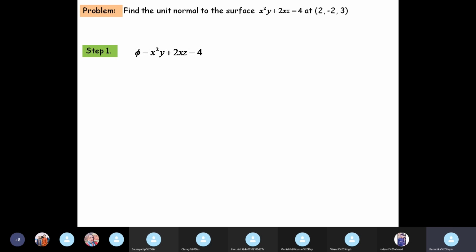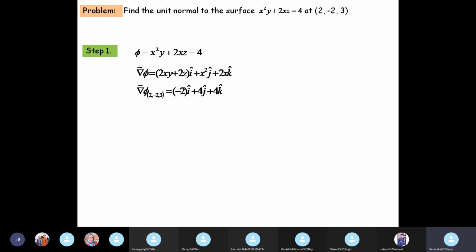So what do you have to do? This is the equation of the surface, so you find grad phi. I've already given you the formula to find grad phi. This is in terms of x, y, z, so you need to find the components by partially differentiating first with respect to x, then with respect to y, and then with respect to z. So this is the value of grad phi that you get.